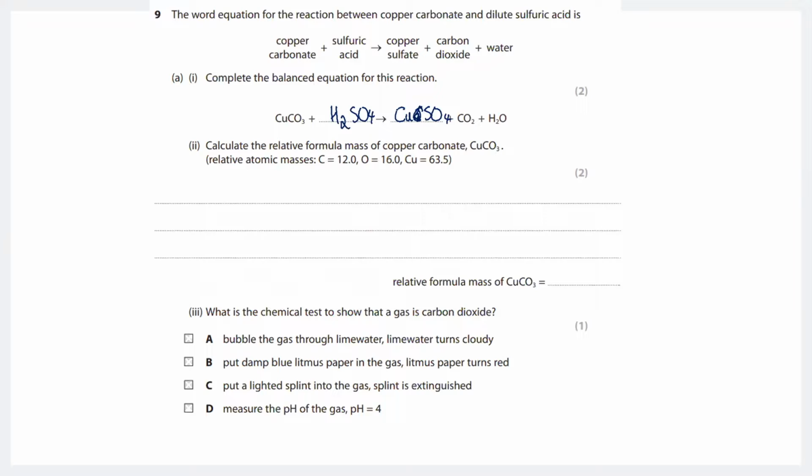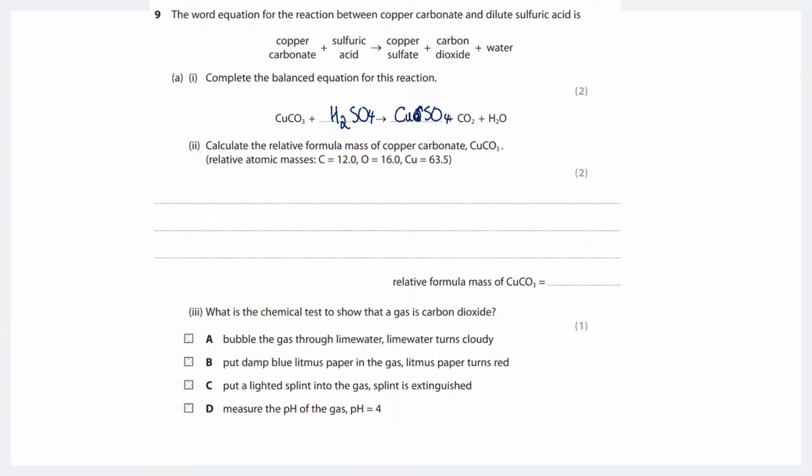Okay, here you've got copper carbonate then. So let's have a look, balancing it. So we've got one copper, 3 oxygens on, so 3 plus 4, that's 7. So we've got 4, so 6, 7. Okay, oxygen's okay. Hydrogen 2. So actually it's done, it's already balanced.